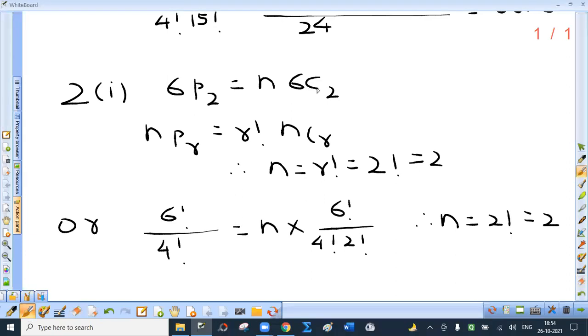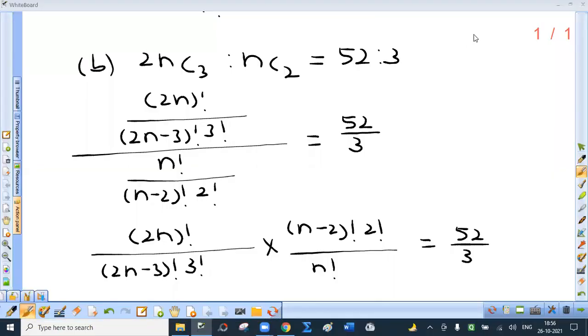Now this is correct. So apply the formula. What is 6C2? 6 factorial upon 4 factorial into 2 factorial. So 6 factorial gets cancelled, 4 factorial gets cancelled. So what is n? 2 factorial, which is nothing but 2.